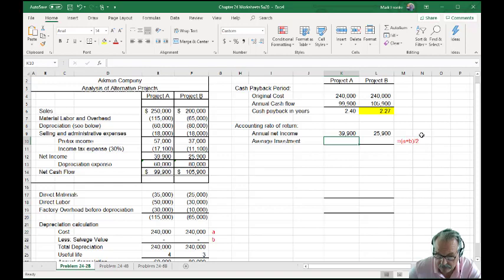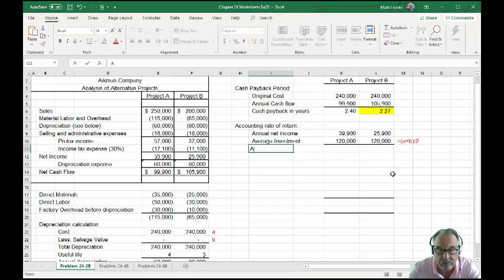Okay, so if we take the cost plus the salvage value and divide it by 2, it's 120,000, and it's the same for both projects.